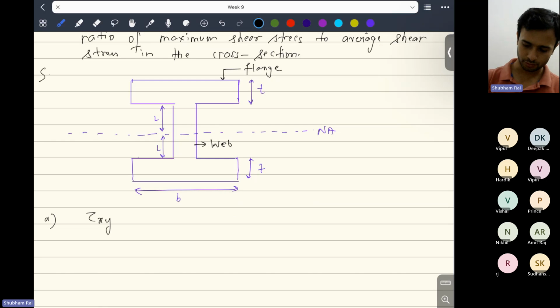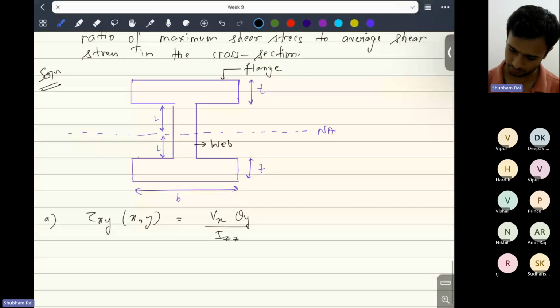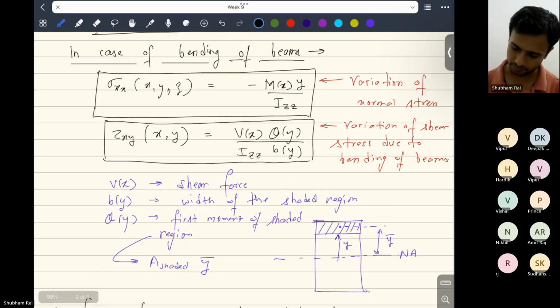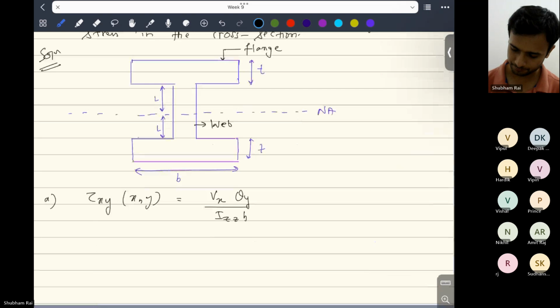Tau xy, which is a function of x comma y, will be Vx Qy over Izz times By.